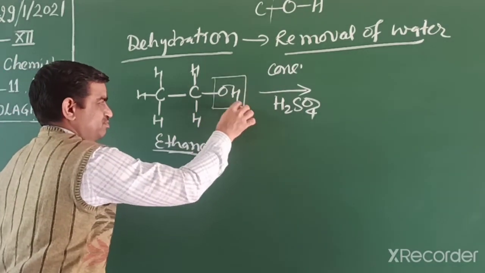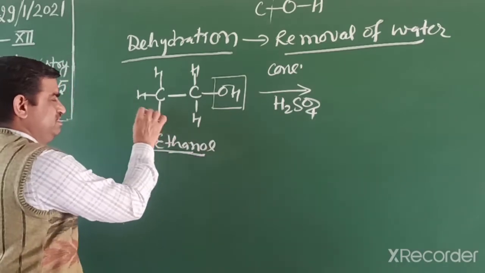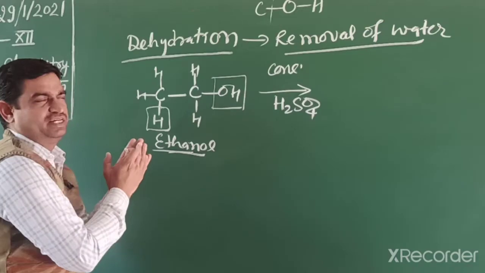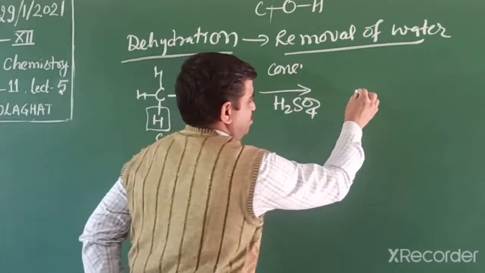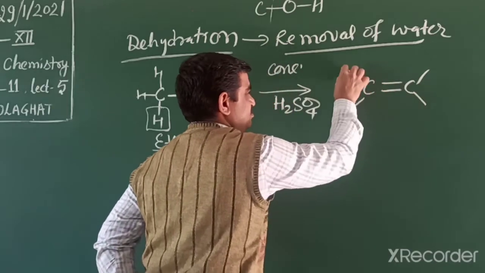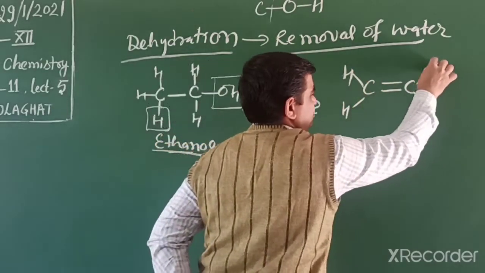The carbon-oxygen bond dissociates and the nearby carbon-hydrogen bond dissociates, and we convert this compound into the corresponding alkene, ethene, the simplest alkene.